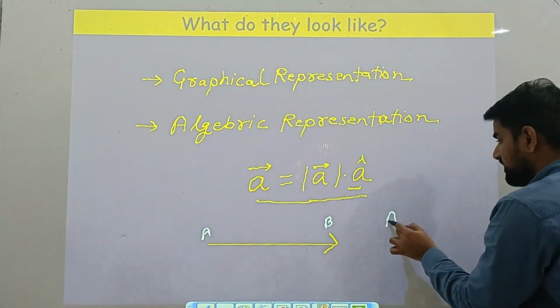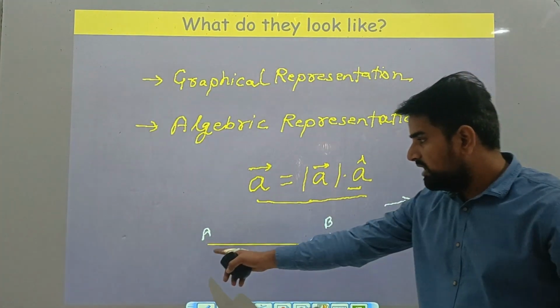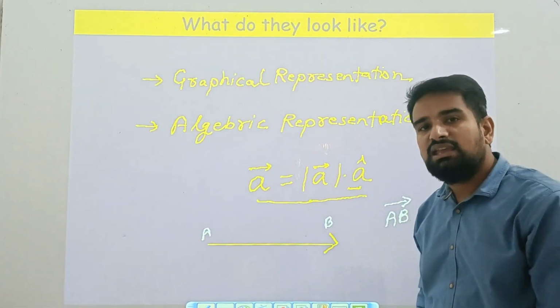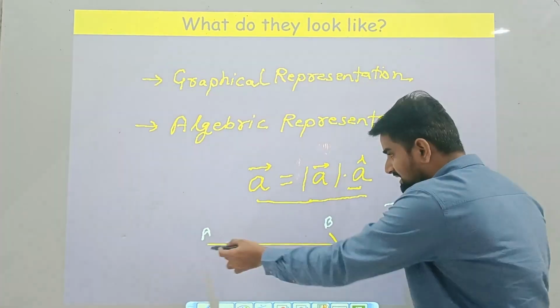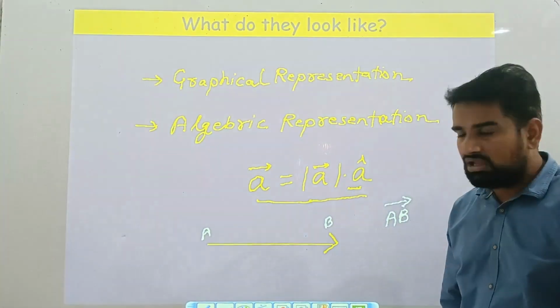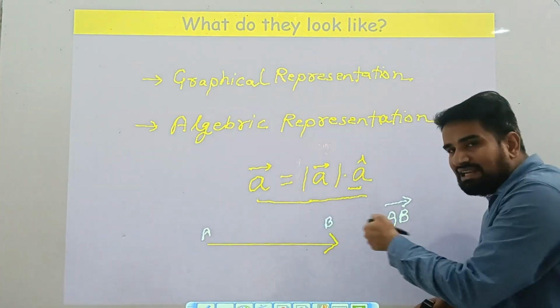From A to B there is a length, and this arrow is representing the direction.